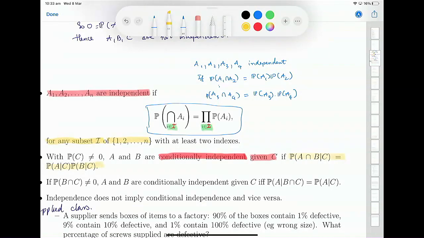Which means that it is equivalent to the definition of two event independence, right? Now you see that the probability of A intersect B equals the probability of A times the probability of B, but with the conditional probability, given C for each one.